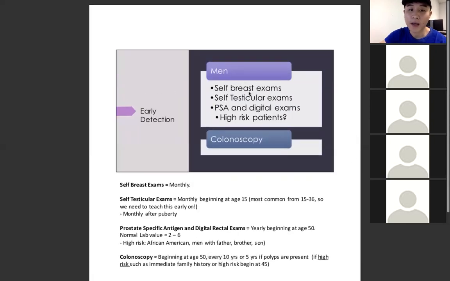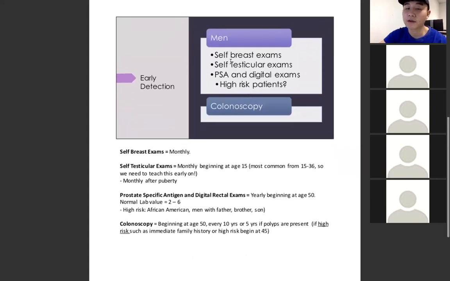All right, next we have early detection and prevention for men. Men can also have breast cancer, so they also need to do self-breast exam, self-testicular exam, prostate-specific antigen, PSA, and digital exams.